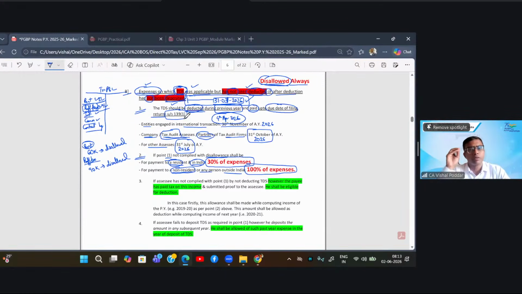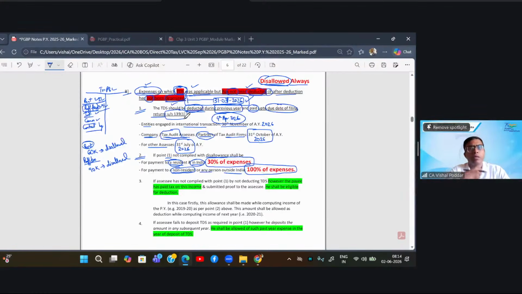Now, the simple idea of this particular restriction is the government wants to ensure that when you are making payment, treating it as your expense, the opposite party, like in this case, me, who is receiving this amount, should also treat this as income and pay the tax.